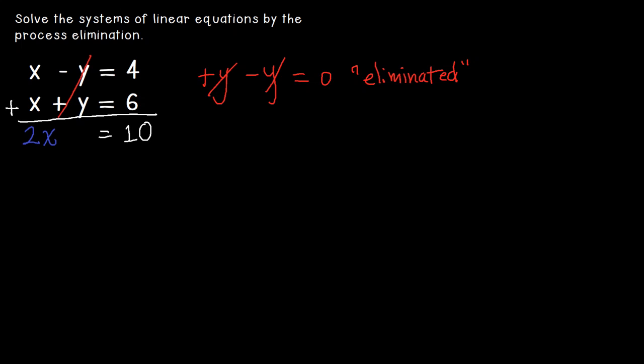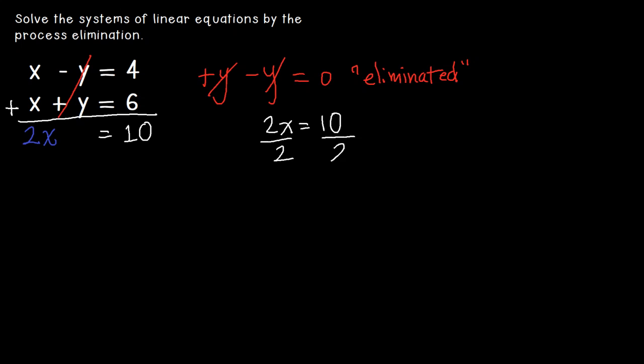Now, we have 2x is equal to 10. So we're going to try and solve for x. Notice that there is a 2 in front of x, which indicates 2 times x. Because we have 2 times x, we're going to do the inverse, or the reverse, of that operation. We're going to divide both sides by that same number, 2.